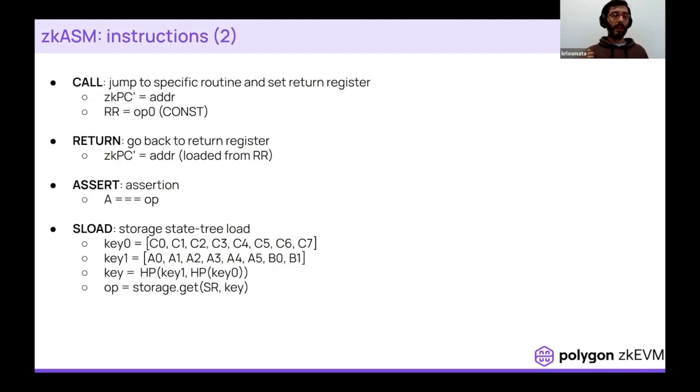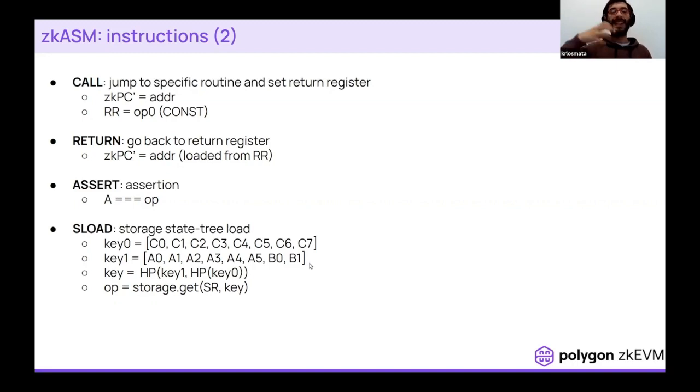Okay, but this is very important because it modifies the zkEVM state. Just what I want to mention here is that in order to use these instructions, beforehand you need to provide some data in order to compute.